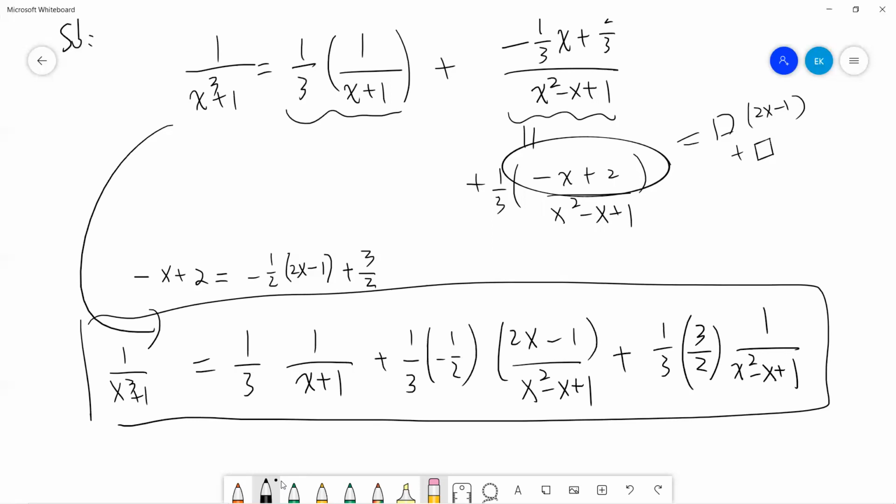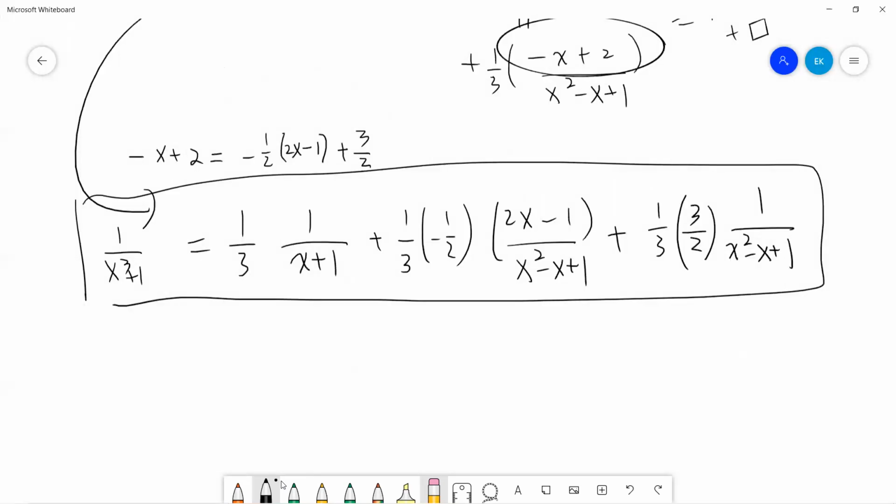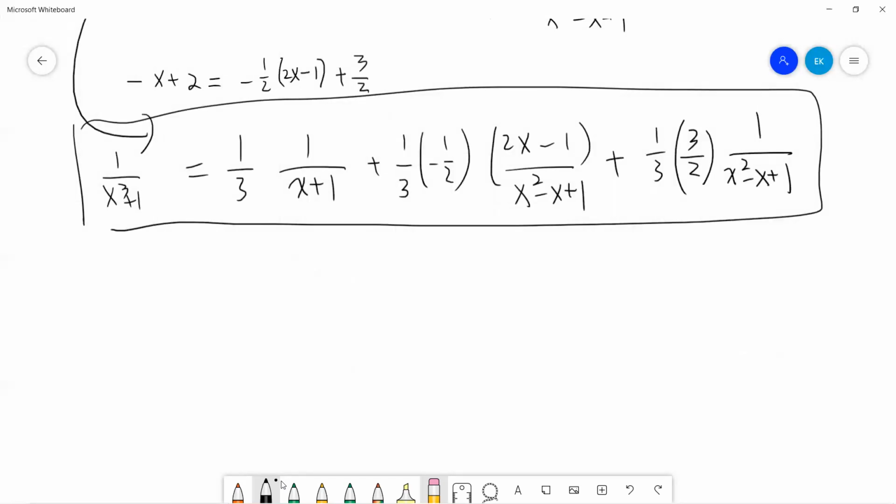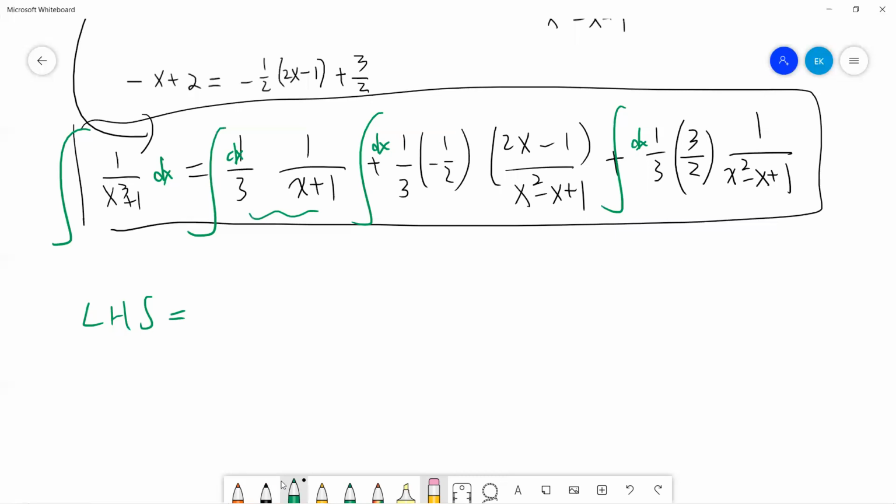Okay, so now let's do the final results. We put dx and then do the integration. The first term is very easy, just 1/3 ln of x plus 1. This is trivial.